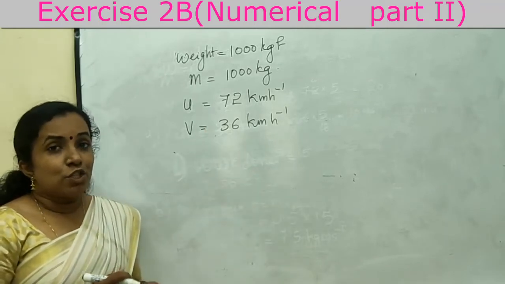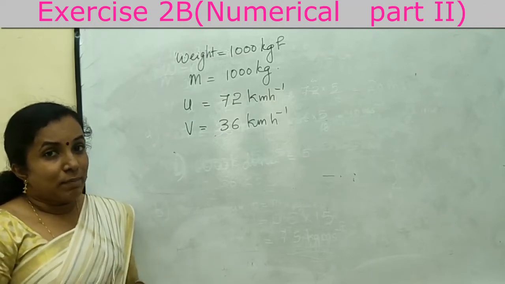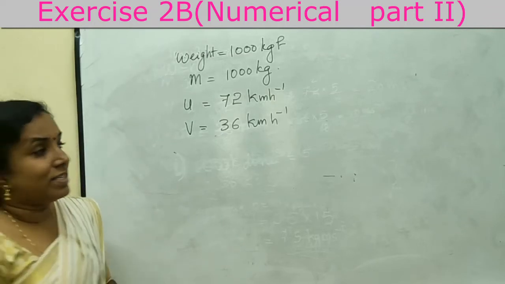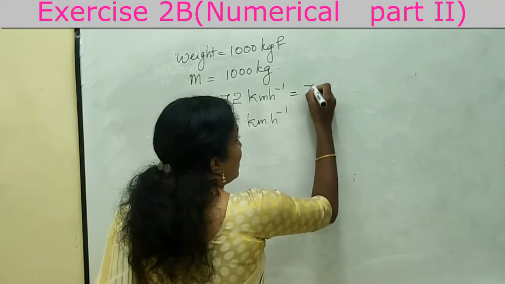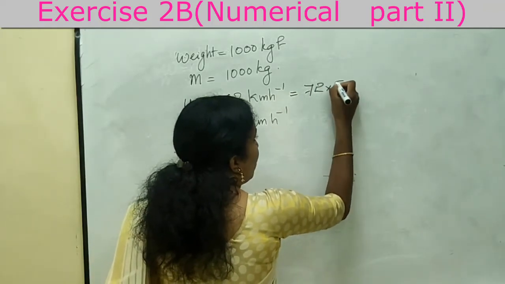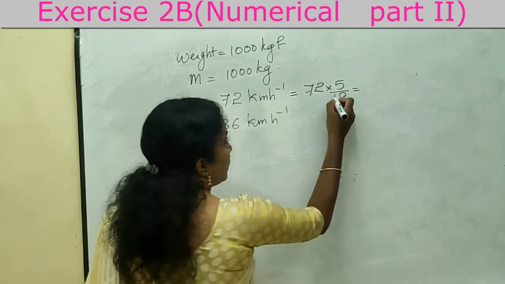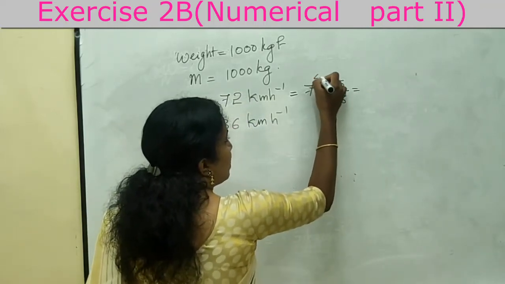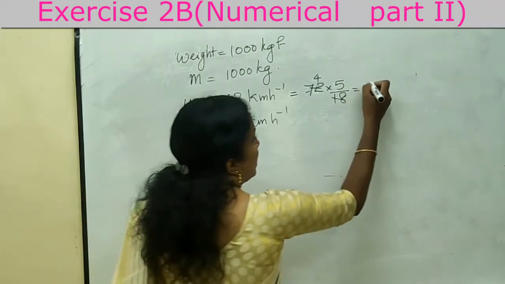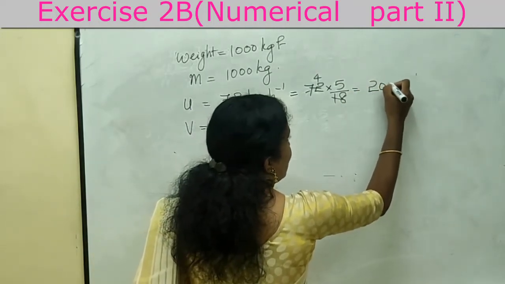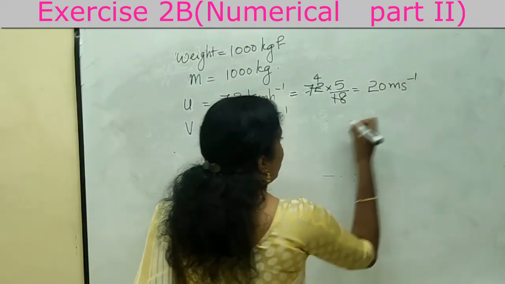How will we convert it into meter per second? By multiplying with 5 by 18. So it is 72 into 5 by 18. So 18, 4s are 72. So it is 4 5s are 20 meter per second.